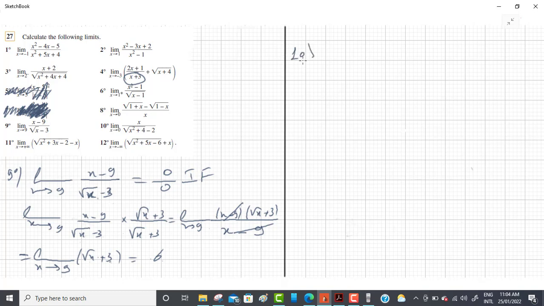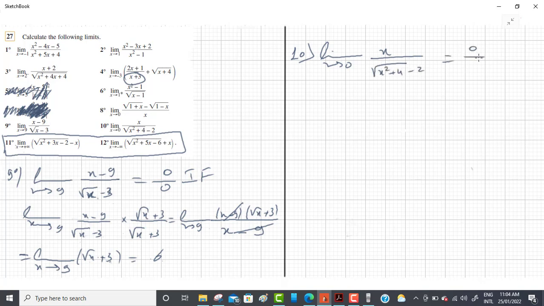Part 10, this is going to be our last part for today. I will record a video about these two parts and similar cases when x tends to infinity of a radical of an irrational function. Limit as x tends to 0 of x over radical x squared plus 4 minus 2.